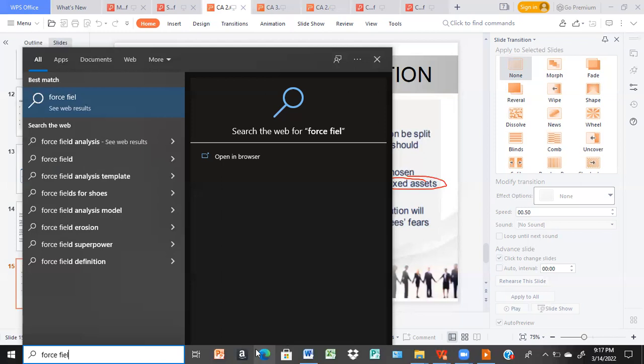A force field? Have you seen the model? Yes. So it's not a complicated model, no? It's not a complicated model at all.